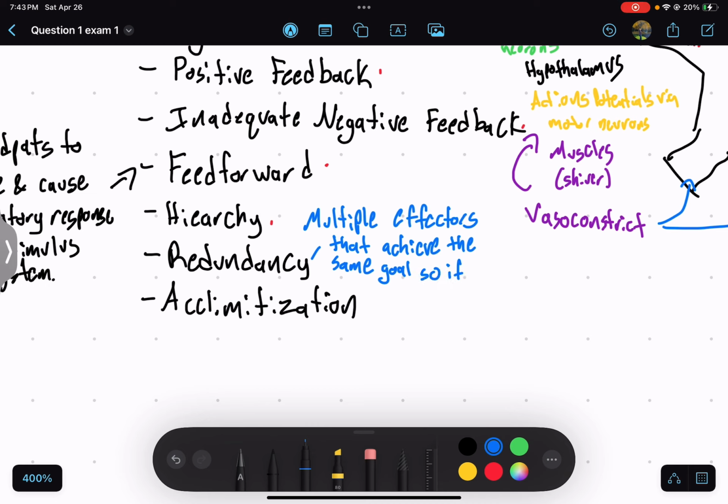So if one system fails, it still survives.